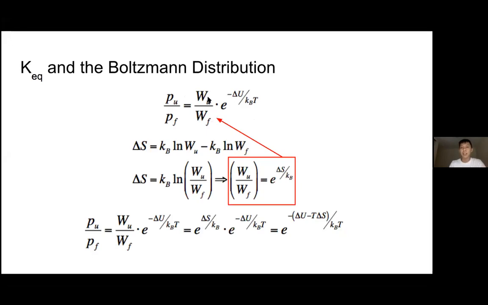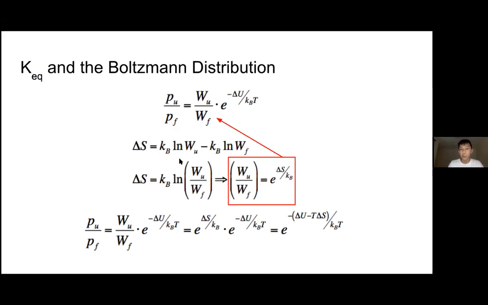So if we want to bring this back to free energy, we want to express this ratio of multiplicities, which I remind you is just the number of microstates of the unfolded protein or whatever two system configurations you would like. The ratio, you want to express this in terms of the change in entropy, right? Because we know that the free energy is expressed as delta H minus T delta S. So how do we do this?